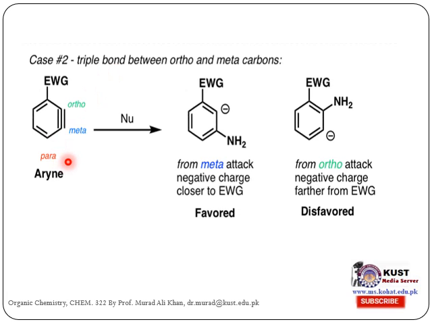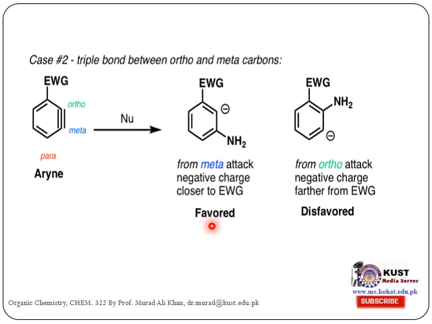Similarly, if the triple bond is between the ortho and meta carbons, then the attack on meta will be favored, because here the negative charge is near to the electron withdrawing group, and the ortho attack will not be favored, because the negative charge is further from the electron withdrawing group.